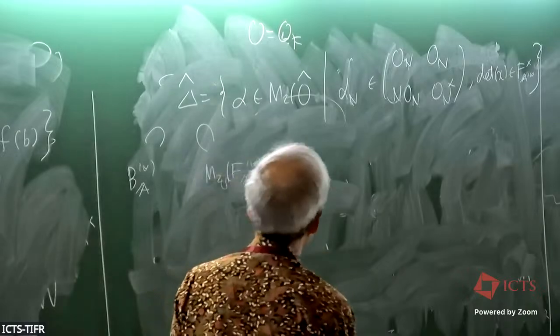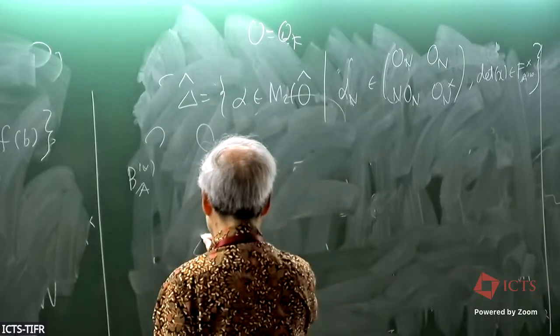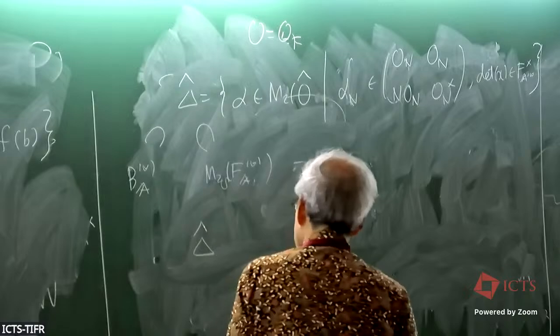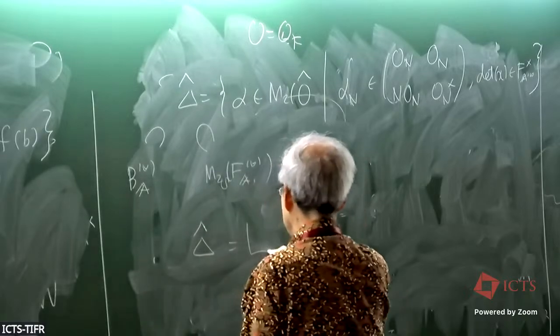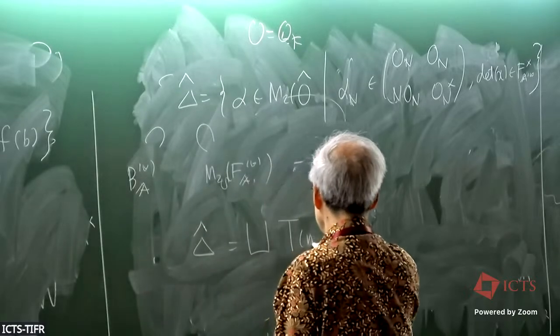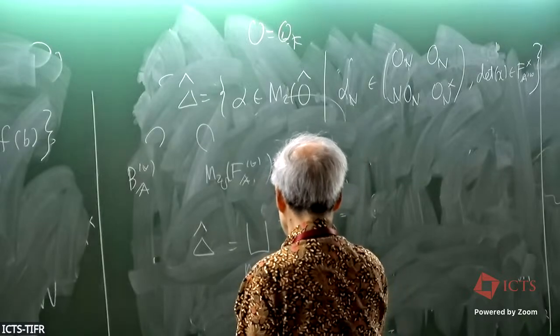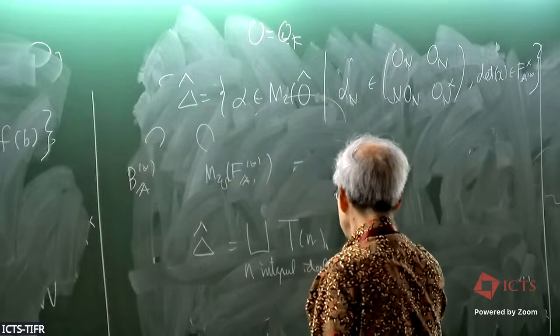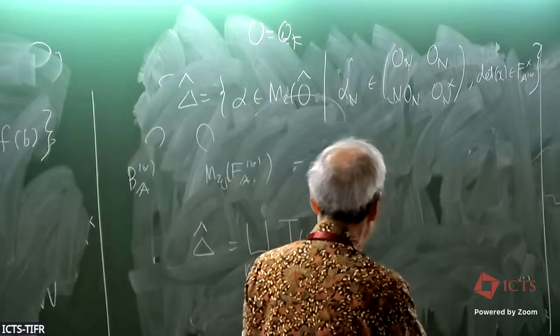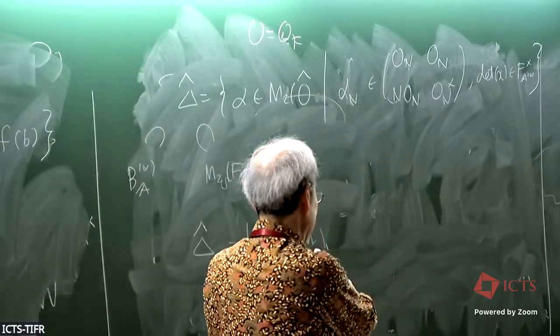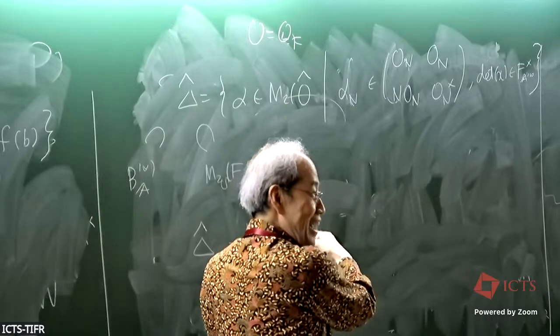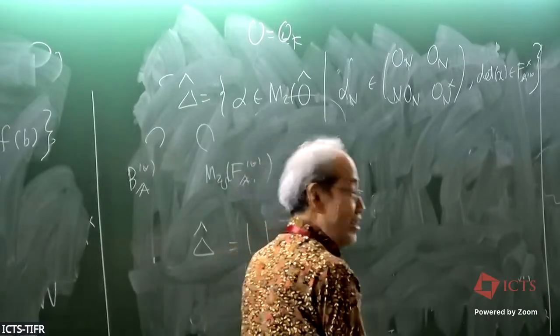Okay. Then this gamma hat, delta hat, is a disjoint union of T_n, and n runs over integral ideals. This is the Hecke operator, those having determinant generating the integral ideal n.